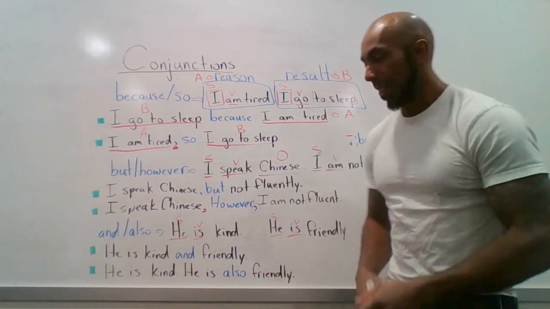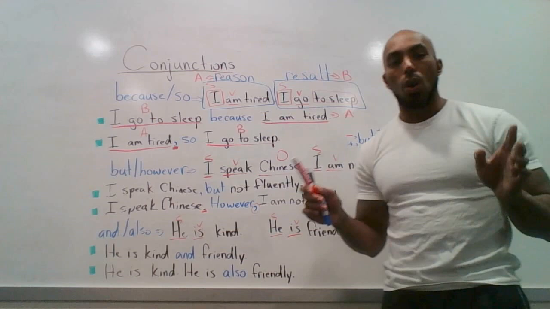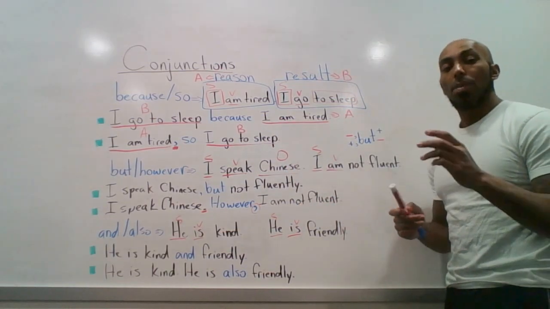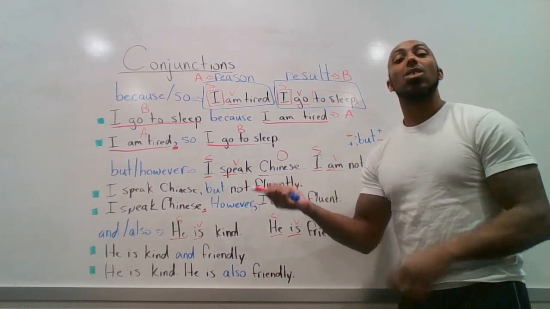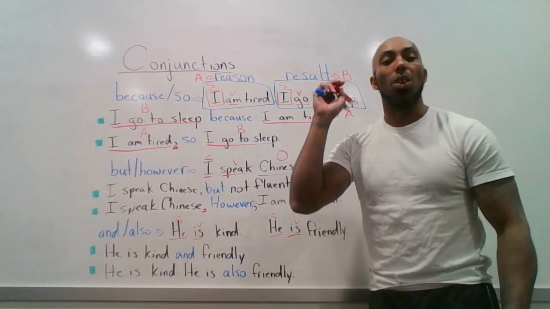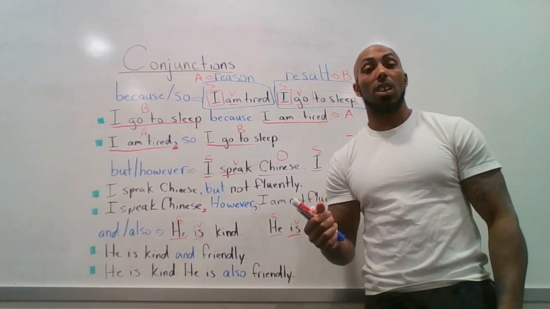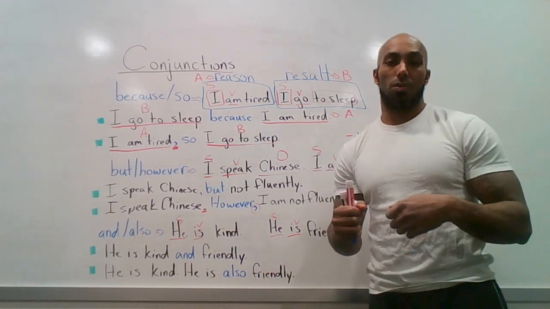Very easy, right? He is kind and friendly. So easy. Okay. Now, the same thing that was true for but is true for and. You cannot start a sentence with and, but you can start a sentence with in addition, okay, or also.